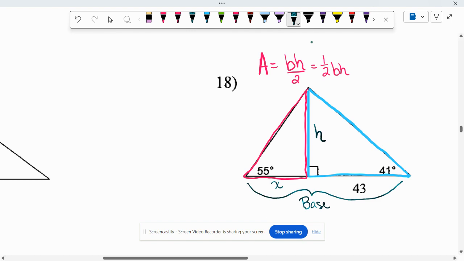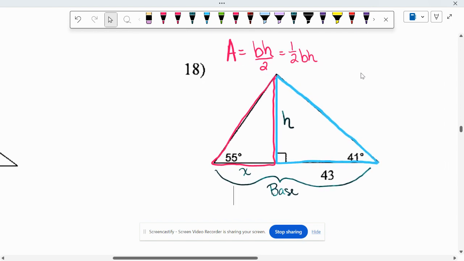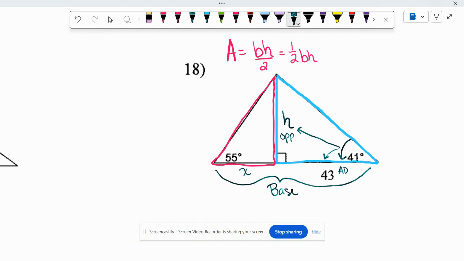So let's start with the blue triangle. If this is my angle, is this the opposite side or the adjacent side? Adjacent. What trig function uses opposite and adjacent?